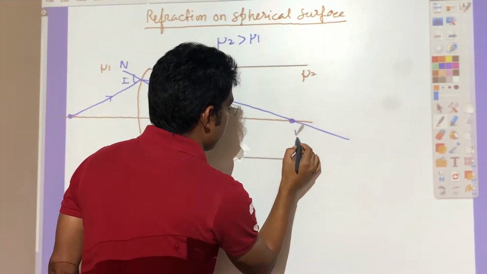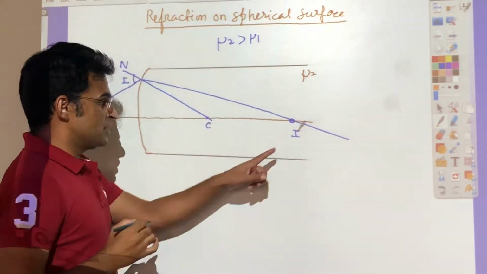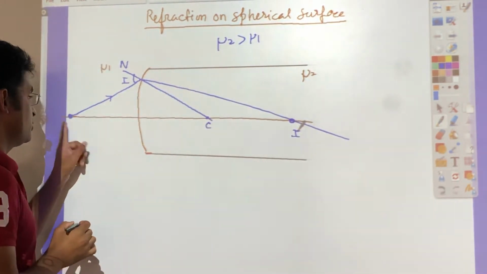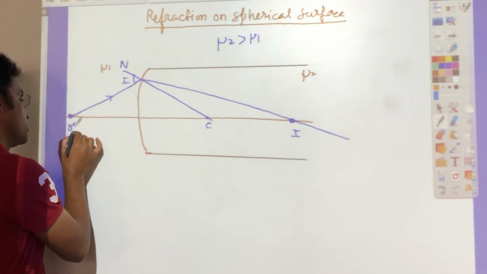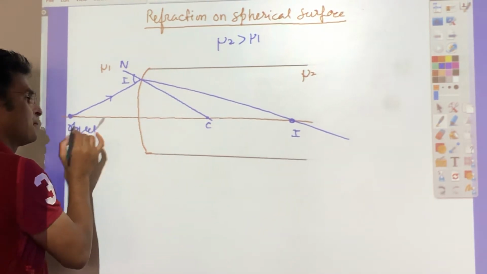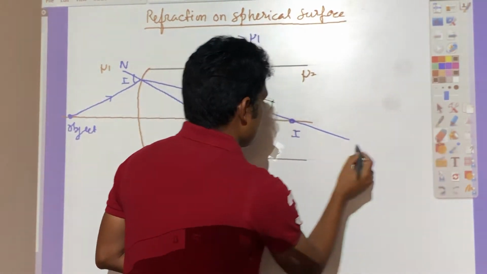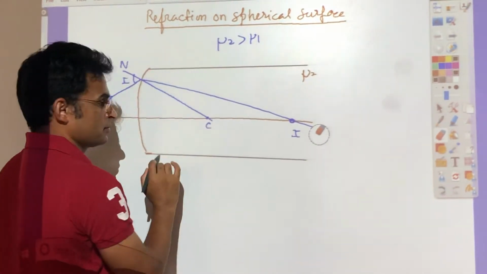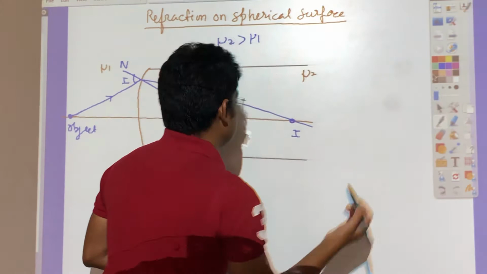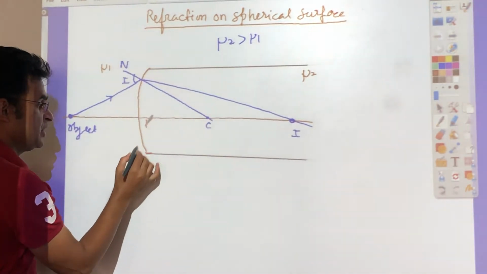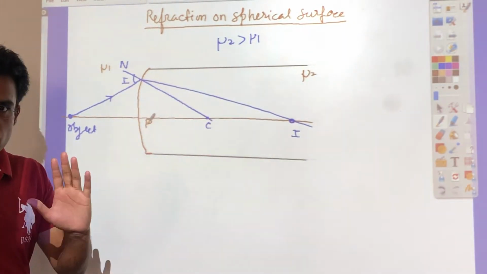So this one will be the image position. This is the image position, this is the center, and this one is the object position. This is the object. The distance of the object from point P, we say it's u.